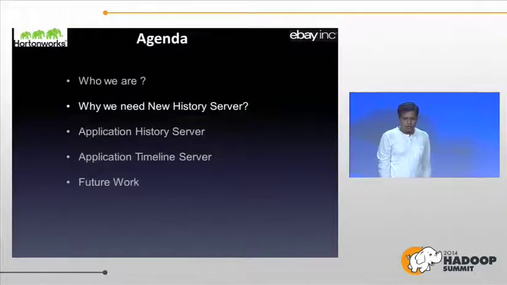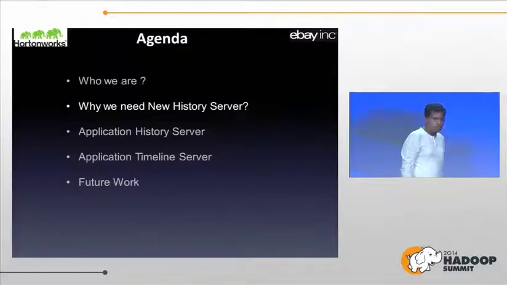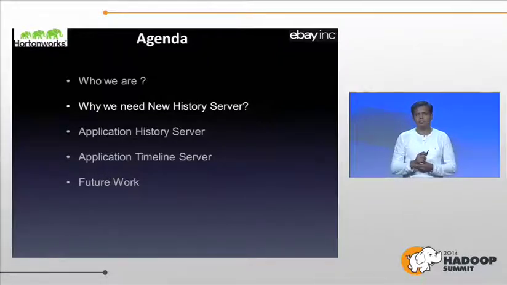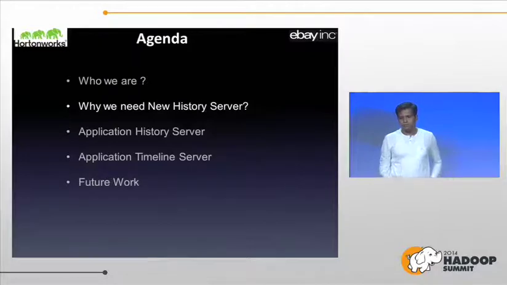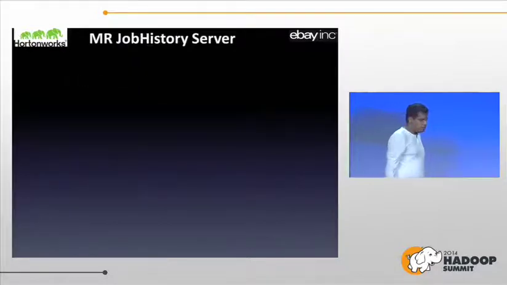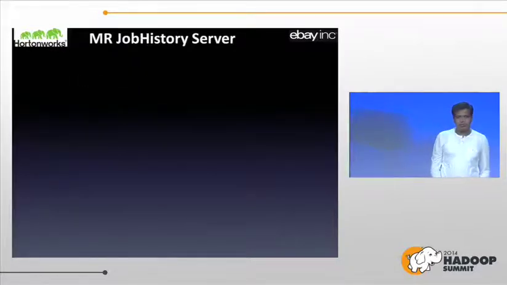So let's talk about why we need a new history server. Most of you know we already have the job history server. So why do we need a new one? We have the MapReduce job history server, which works well.